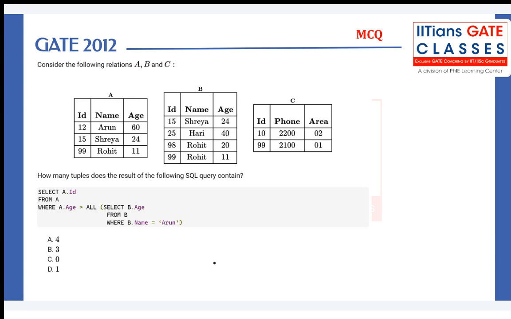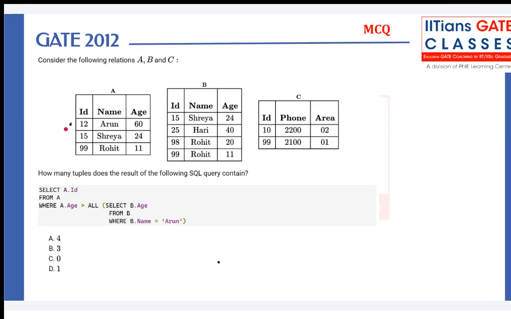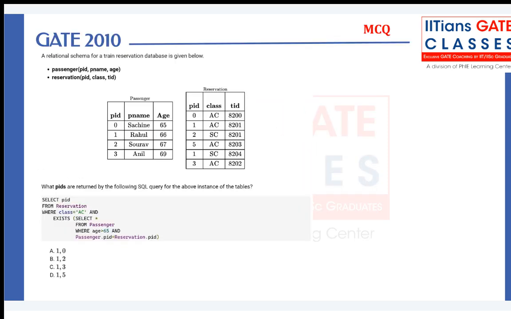So the rows that are present in A, you will get it as it is. You will get these 3 rows. Your answer is 3. They are most probably trying to test if you know what happens for the all clause if it is 5. So okay, try this out.